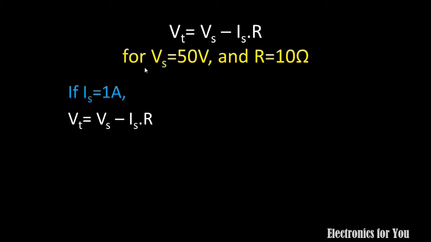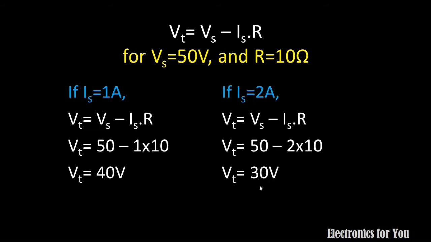So for Vs equal to 50 volt and R equal to 10 ohm, if Is is 1 ampere, what is the terminal voltage? If we put in the values, we get a terminal voltage of 40 volt. But if we increase Is to 2 ampere, then Vt is equal to 30 volt. It means that as the value of Is increases, the voltage decreases.